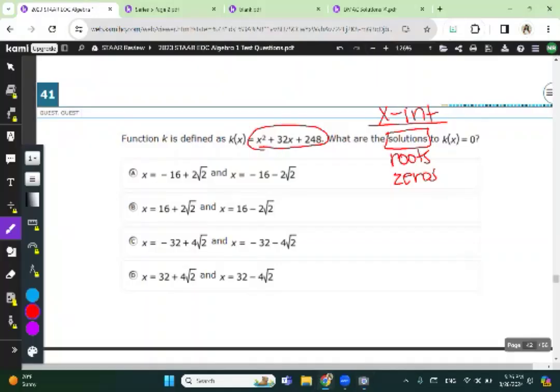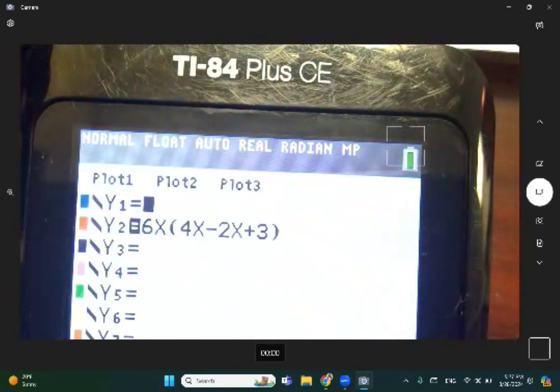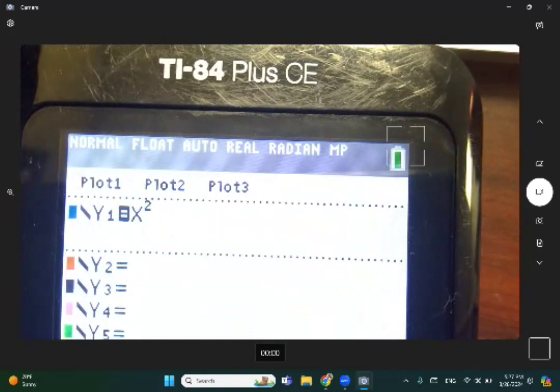The first one gave me negative 13.17. And this one gave me negative 18.82. So I'm going to come to my calculator, type the question into y equals, which is x squared plus 32x plus 248.